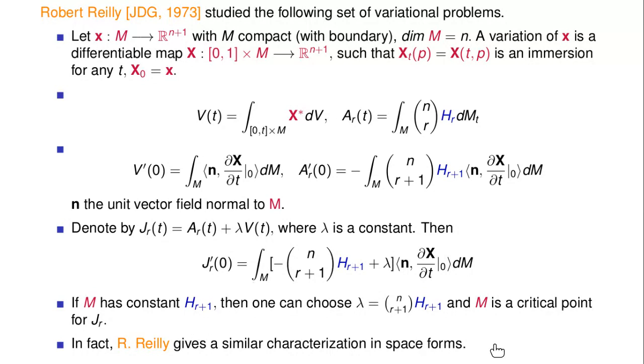I specify space forms because in general this doesn't work, because you have the curvature of the space entering into the integral, so it's not a critical point of this kind of functional if you are not in a space form. And we will go back to this in the end if we have some time.